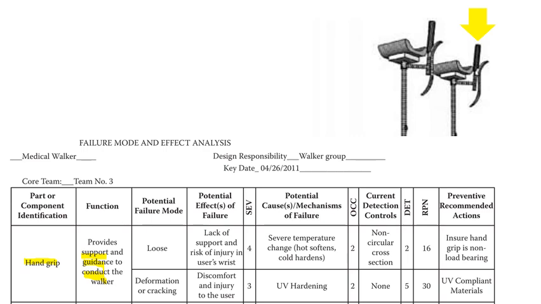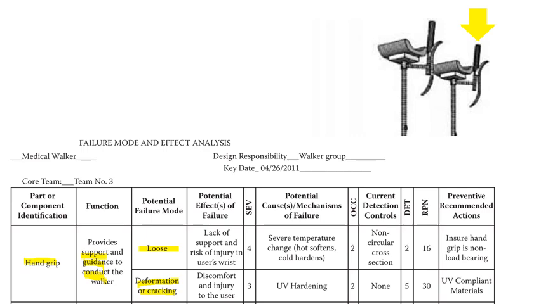So it helps the user when the user wants to drive this walker, to turn left, to turn right, or just move straight forward, for example. For this hand grip, there are two potential failure modes. The first one is that the hand grip becomes loose, and the second one is that the hand grip is deformed, changing in shape, or it starts cracking.